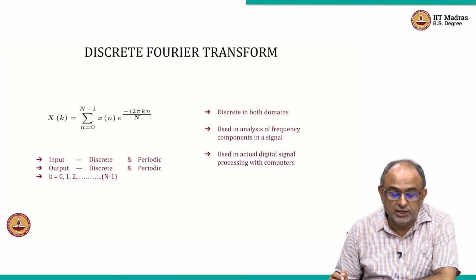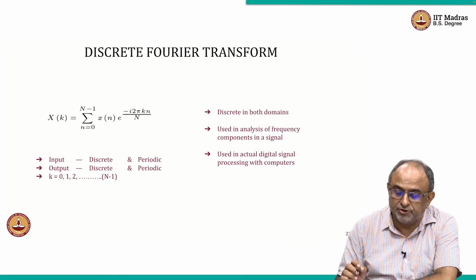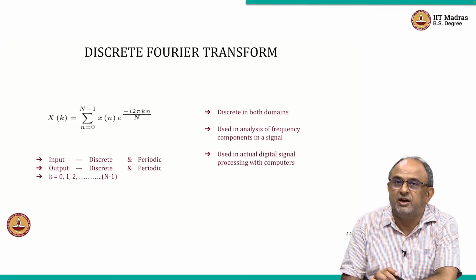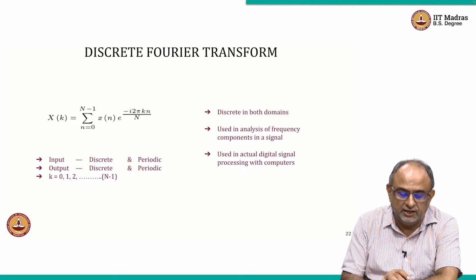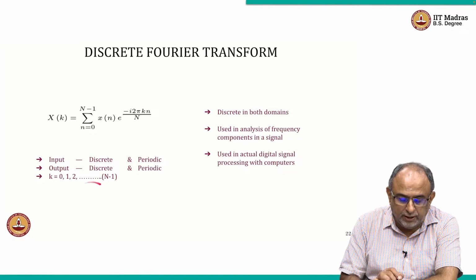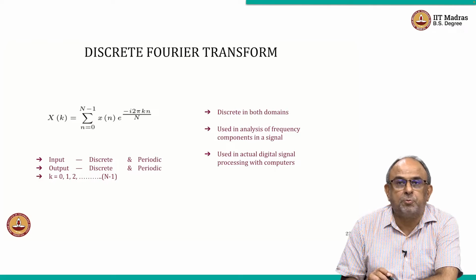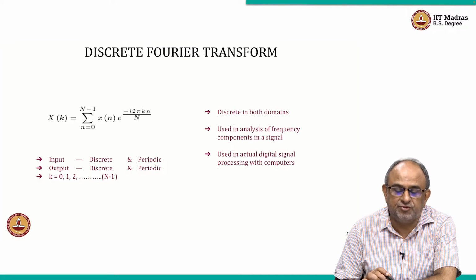The advantage in this kind of representation, apart from the quantization which you have to worry about, is that both in the x[n] domain and in the X[k] domain, n and k are both discrete. So, they are samples, they are numbers that I can deal with, and they are finite in both directions. k will go from 0 to N minus 1, and small n will also go from 0 to N minus 1. So, they are both finite in the time and frequency domain.